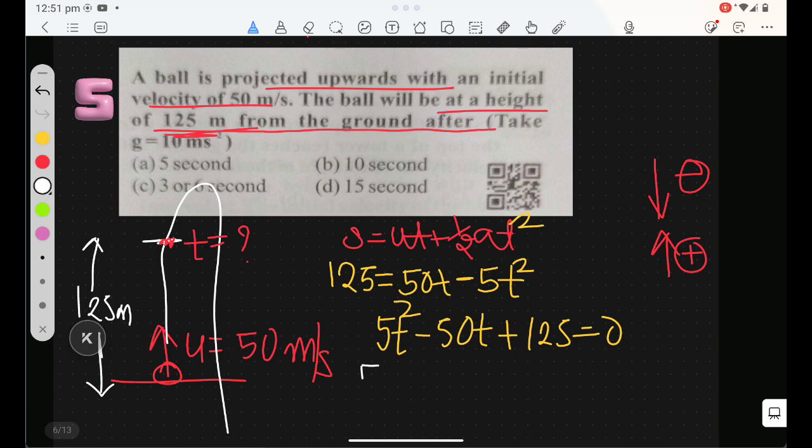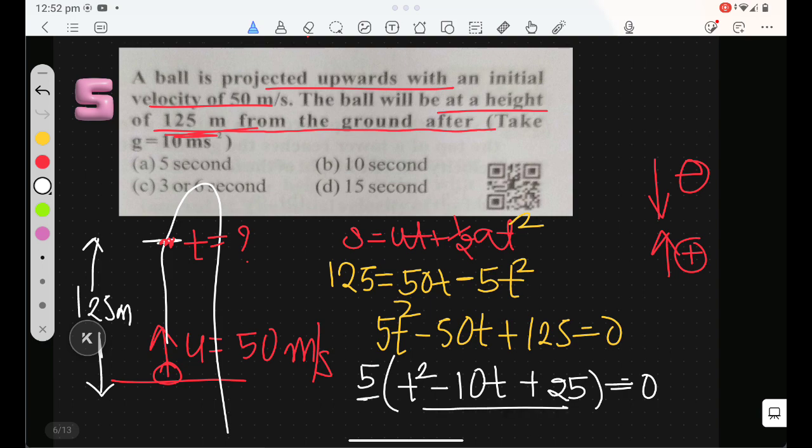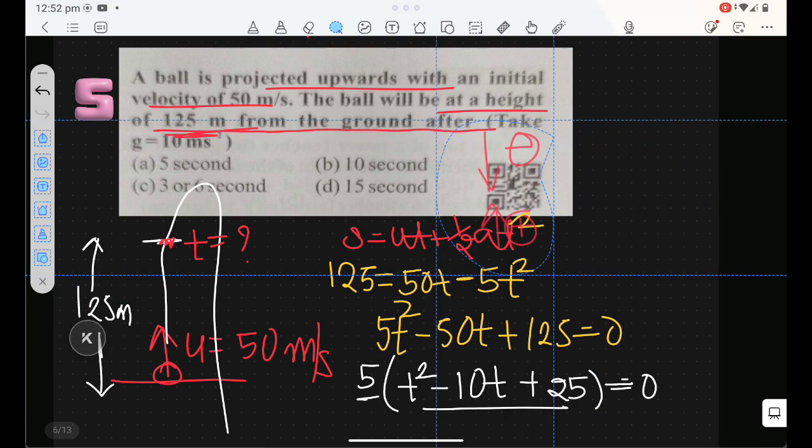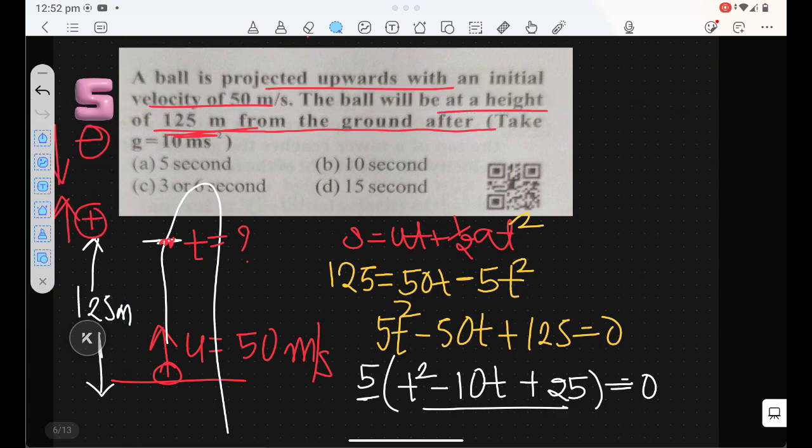Before that I will take 5 common, so I am left with t square minus 10t plus 25 is equal to 0.